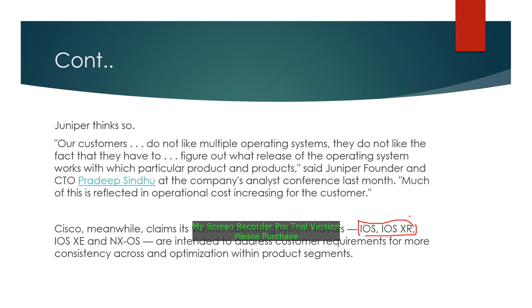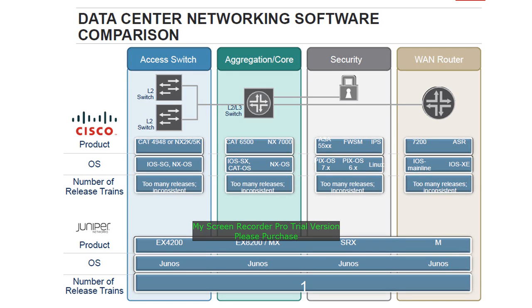But in Juniper, if you can configure Juniper SRX, which is an all-in-one box, you can configure any device. In Cisco, a different OS is released for access switches, aggregation, security, and WAN.